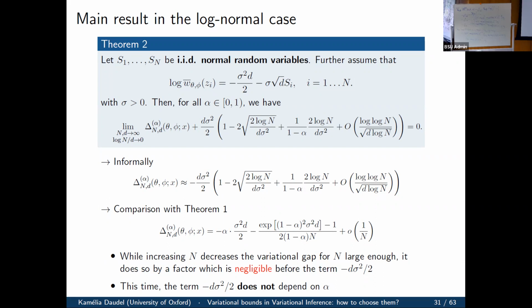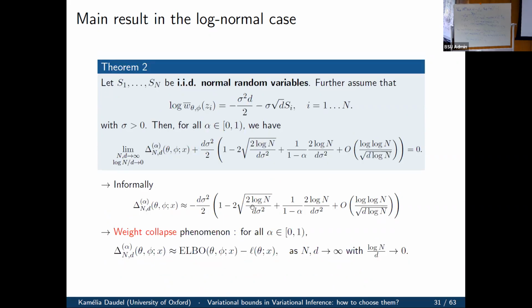It doesn't say, oh, we should just always take alpha equals 0, and then we don't have this term. It says, you can take alpha equals 0, you can take the EYA, you're going to be in trouble as well. And this trouble, if we were to summarize it in 2 words, would be weight collapse.